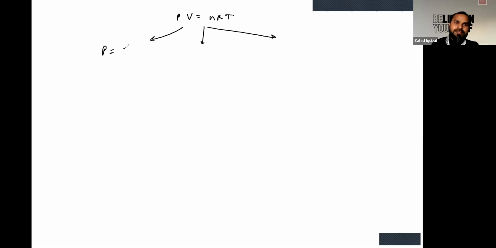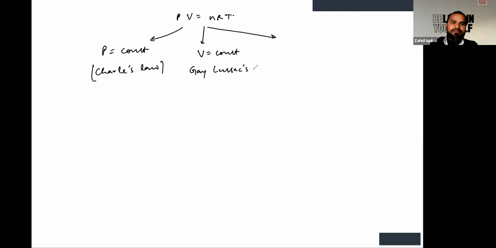First, if P is constant, that is called Charles' law. Next, if V is constant, that is called Gay-Lussac's law. And third, if T is constant, that is called Boyle's law.